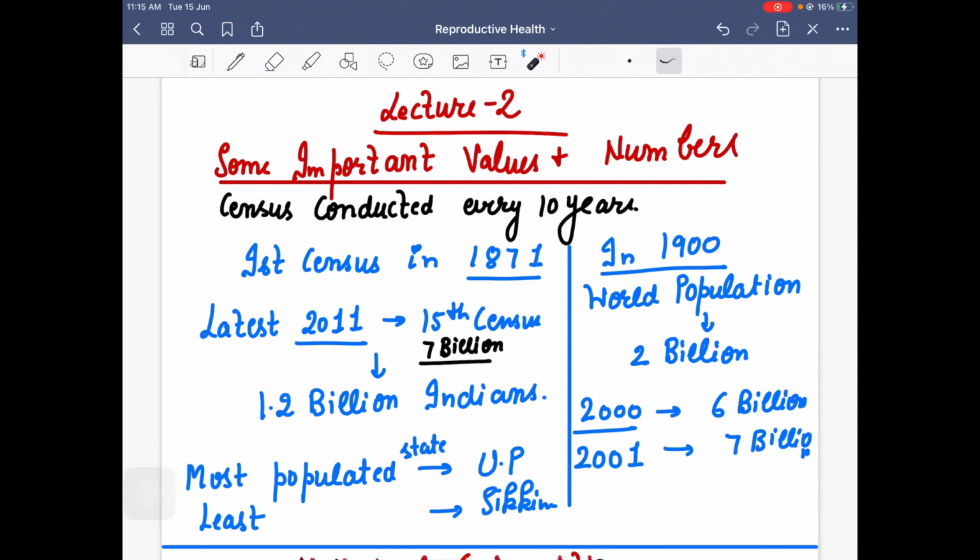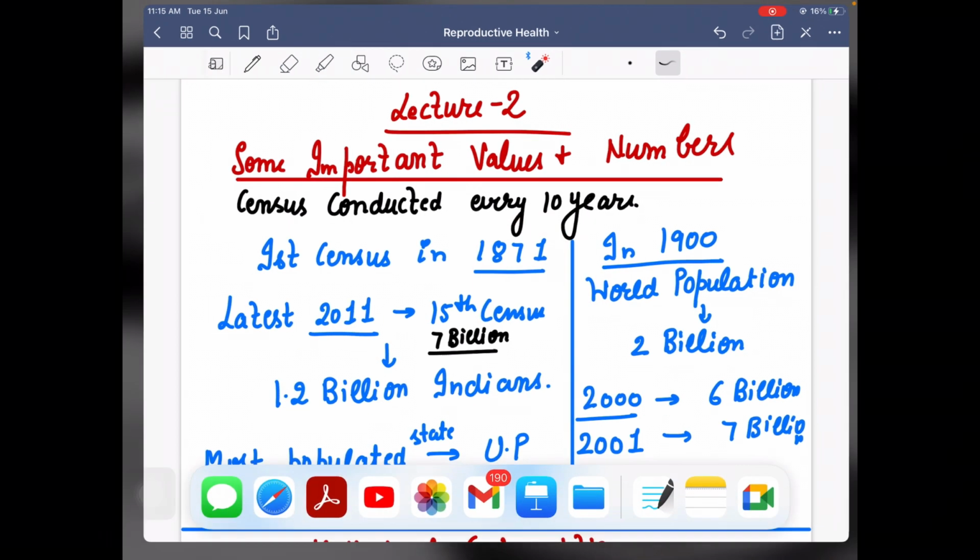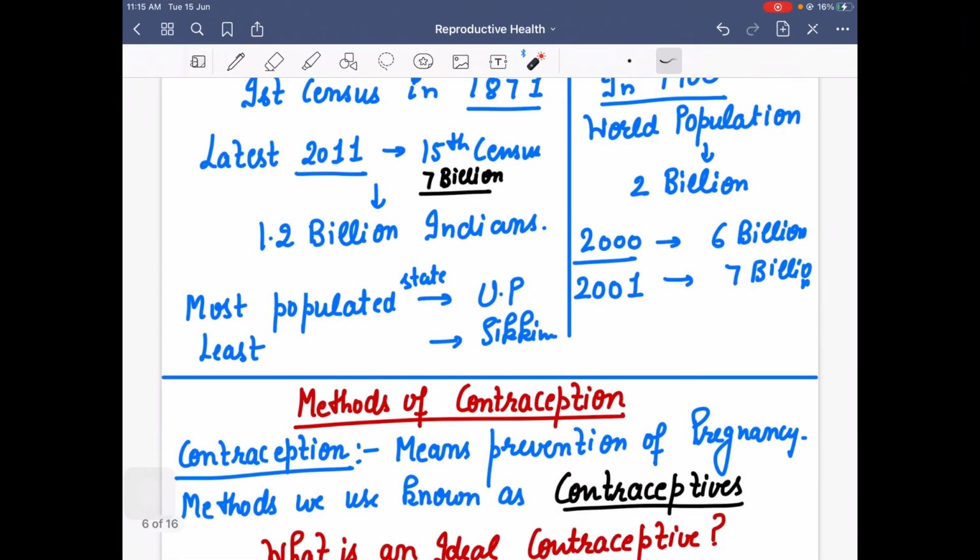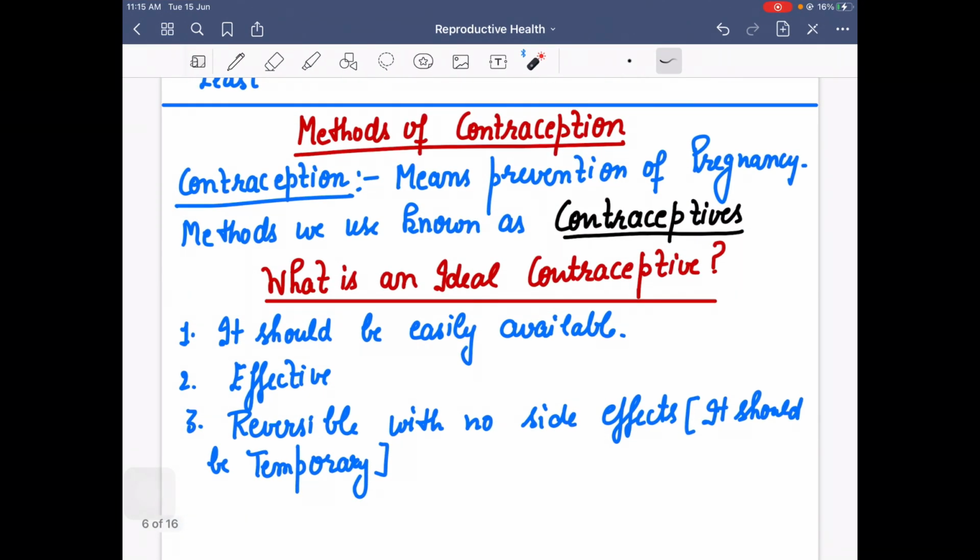So don't get confused with these values. These are exactly the same values I have taken from the NCERT. In 2011 it was 7 billion, and in 1900 the world population was 2 billion. The first census was held in 1871, right? So this is about the previous lecture.